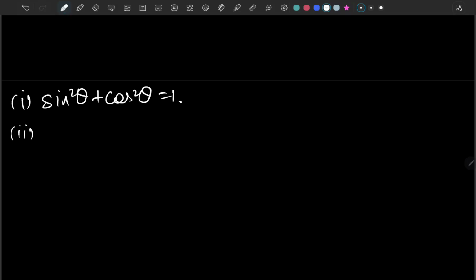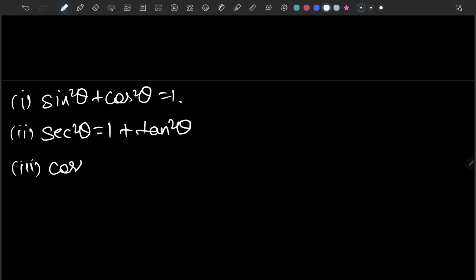The second one is secant squared theta equals 1 plus tangent squared theta. And the third one is cosecant squared theta equals 1 plus cotangent squared theta.